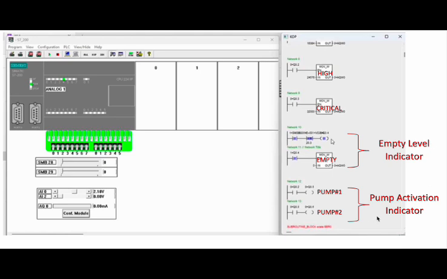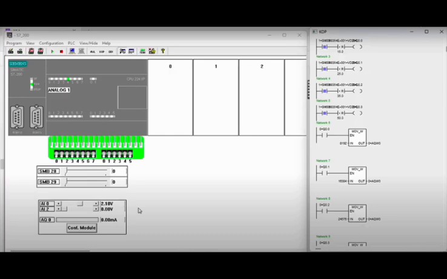And then we have the pump activation indicator for pump 1 and pump 2. So let's start on the simulation test for our radar sensor using this Siemens Simatic S7200 software.